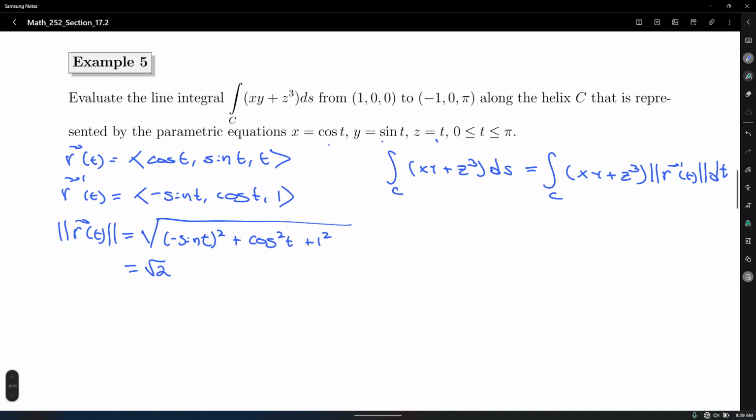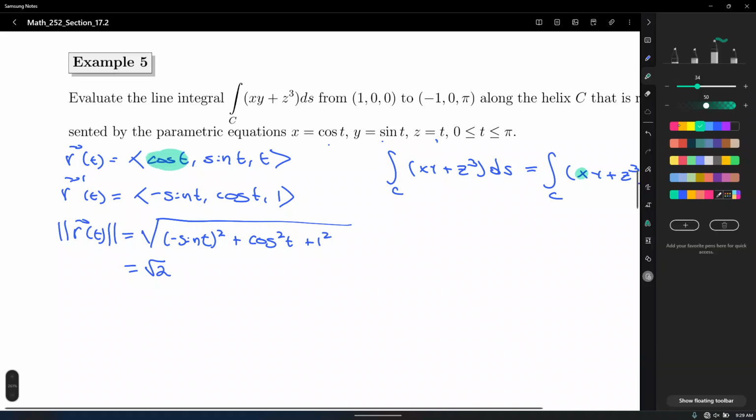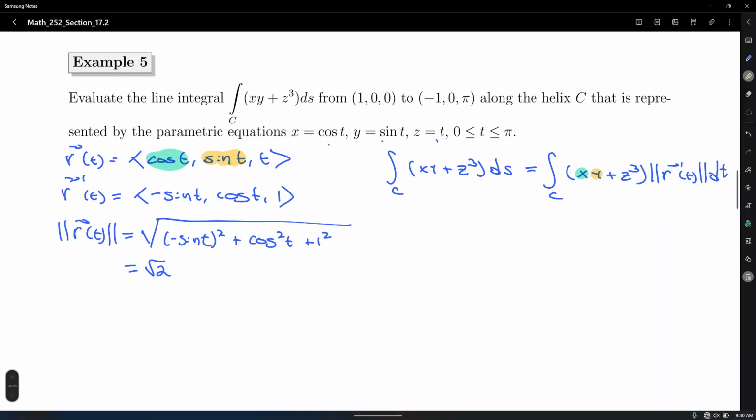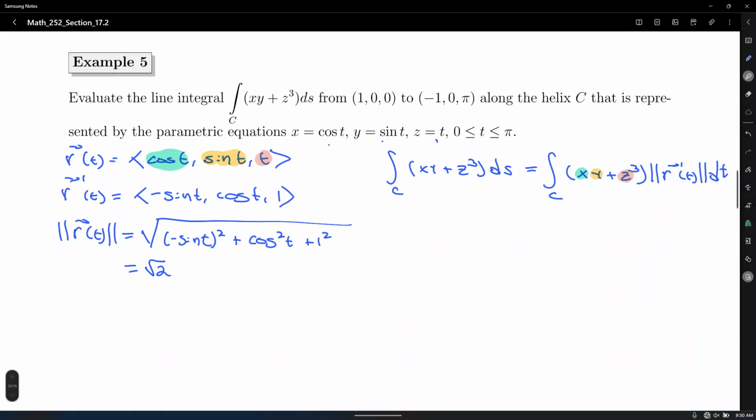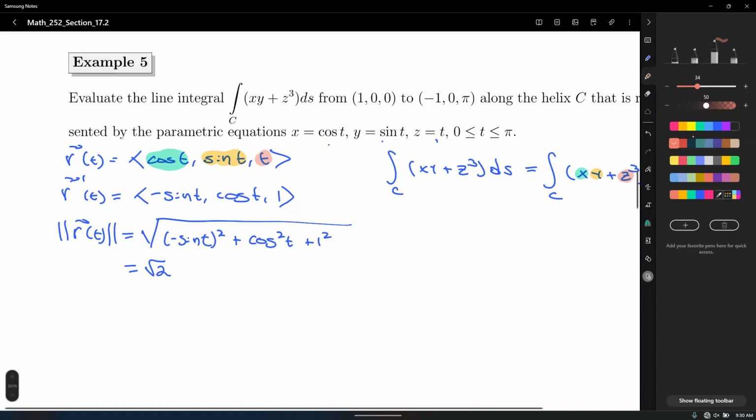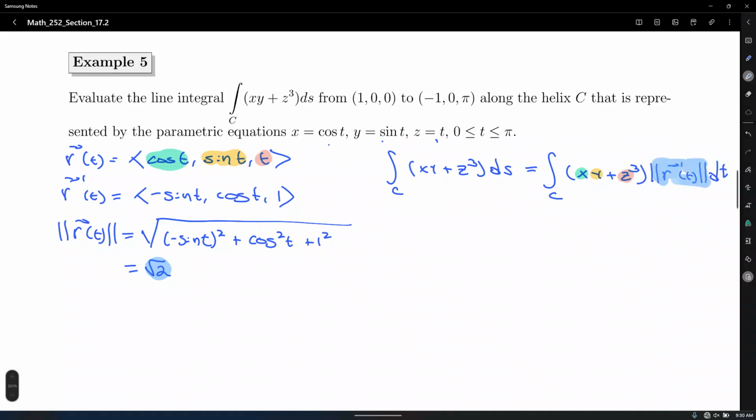Again, let me highlight the cosine. That's our x. The sine, that's our y. And lastly, the z is the t right here. Let me use a different color, maybe blue, to represent this.